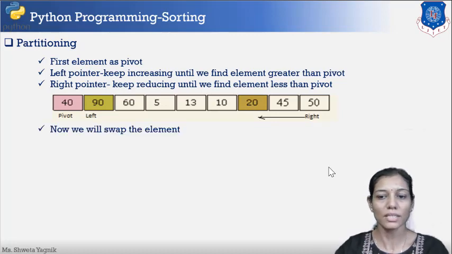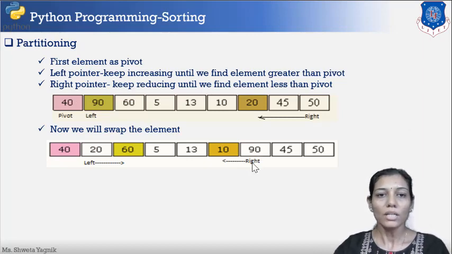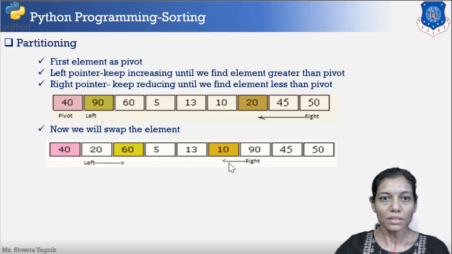See the next step, where we have already swapped 20 in the place of 90, and 90 is placed in the place of 20. So that's what we'll do, and continue decrementing the right pointer till we find an element which is lesser than 40, and continue incrementing the left pointer till we find an element which is greater than 40, because these are the elements which are actually problematic.